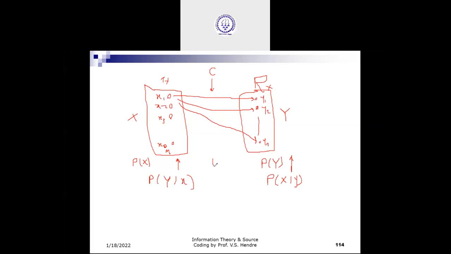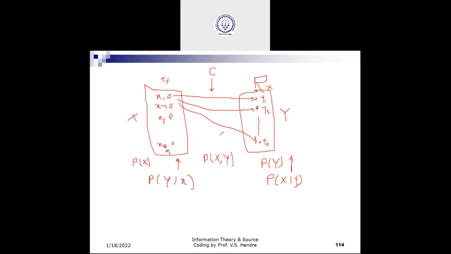So I can calculate the probability which is common to both x as well as y. I can define here the probability which is common between x and y. Common between x and y is P of x comma y, that is, x jointly occurring with y.